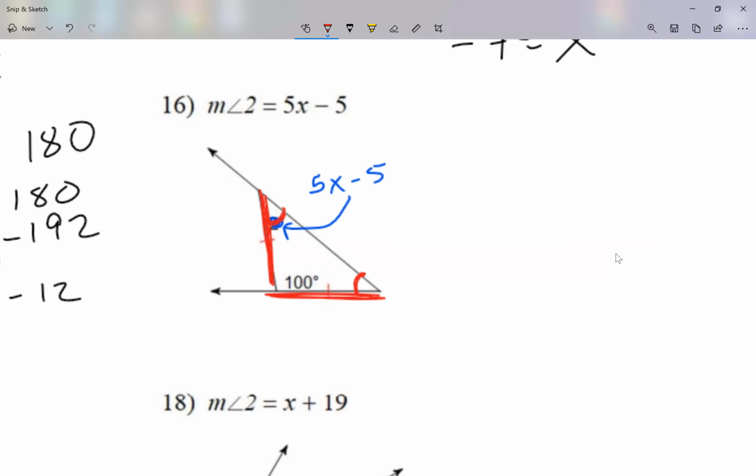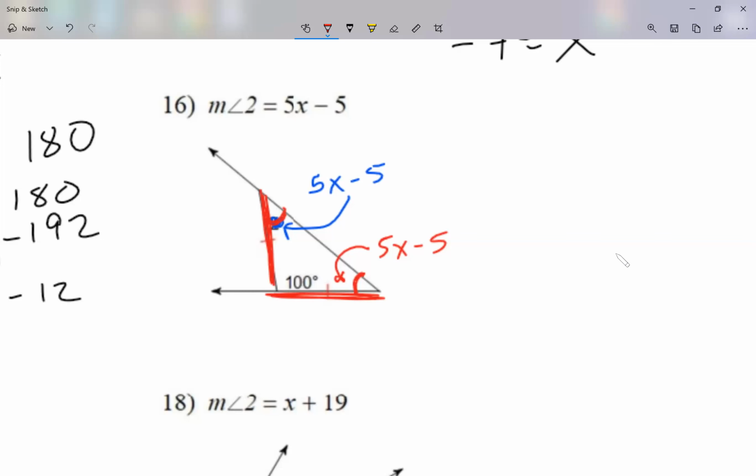Now those two angles that I marked are equal to each other. So I'm gonna say this other angle is 5x minus 5. Because I said that those two angles that I marked are equal to each other. Okay, now I have all three angles.